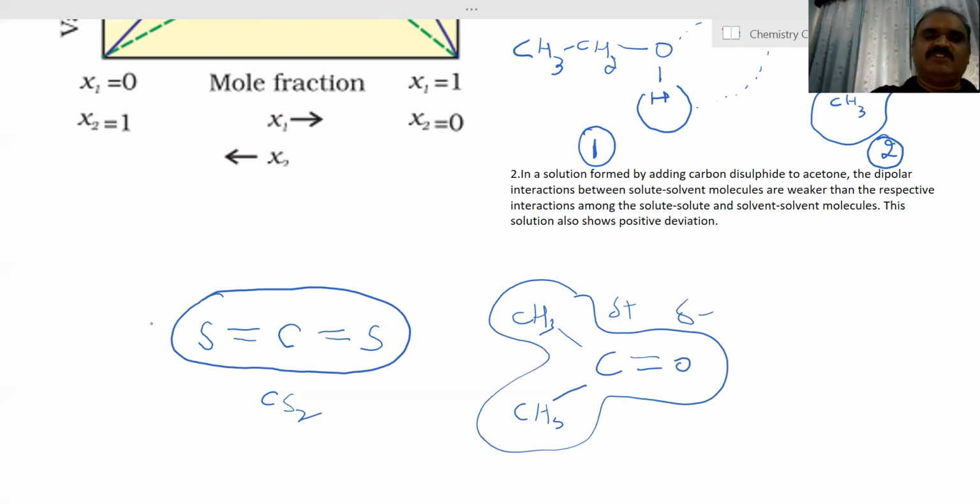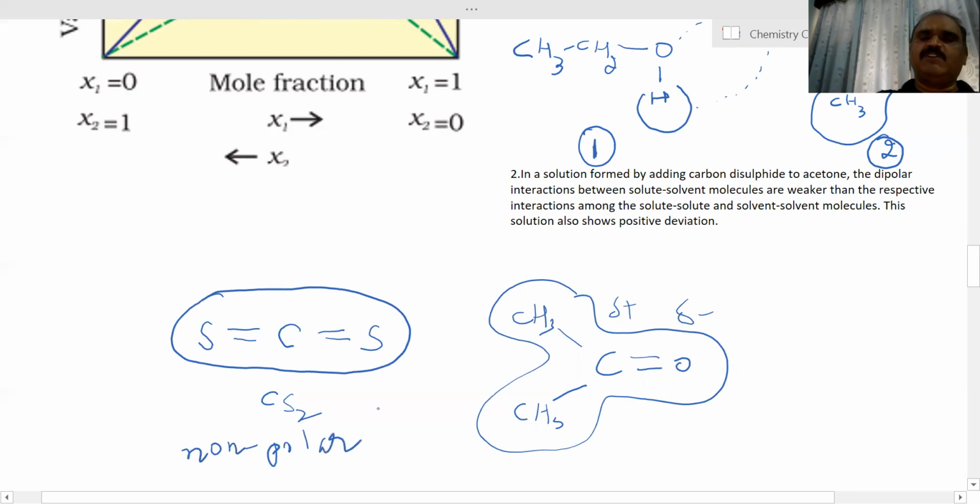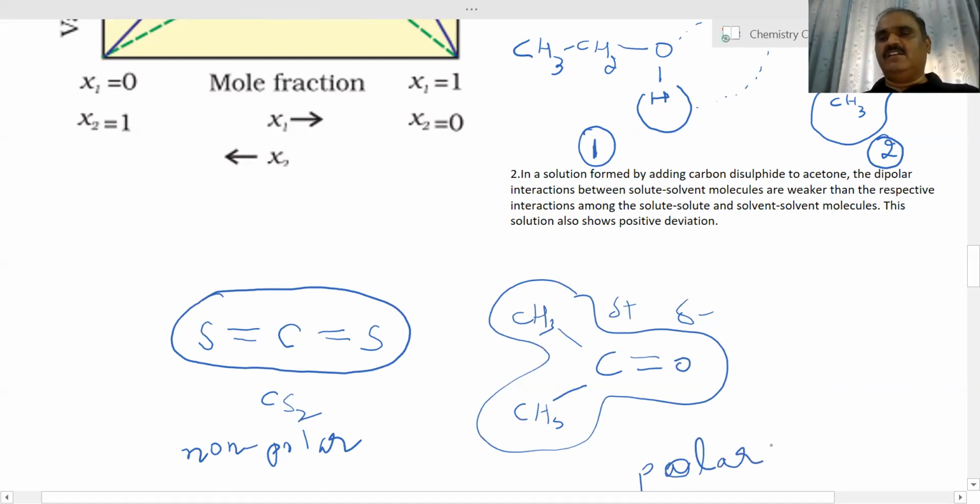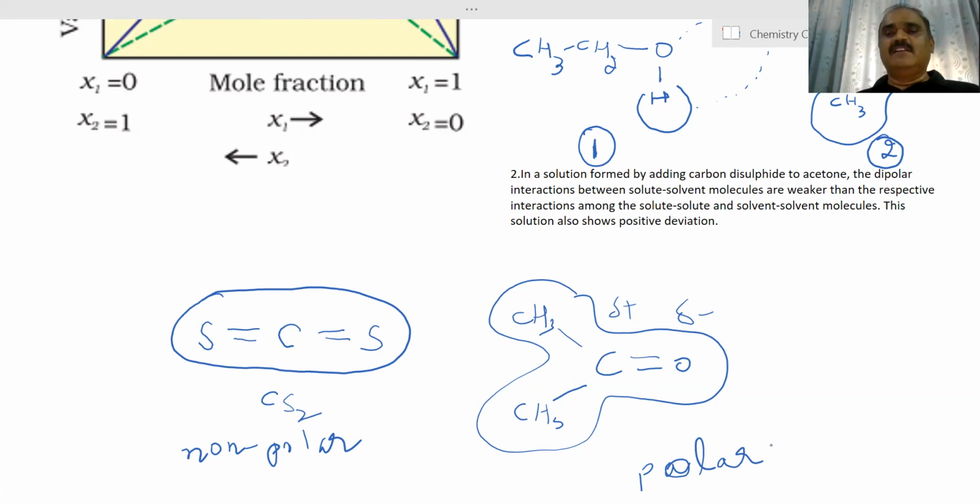So these molecules are non-polar. These molecules are polar. When acetone is in a container, acetone molecules are held by dipole-dipole interaction. And carbon disulfide in a separate container is held by London forces. These are non-polar molecules.